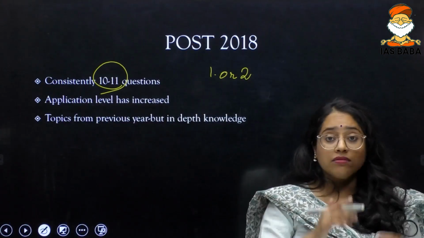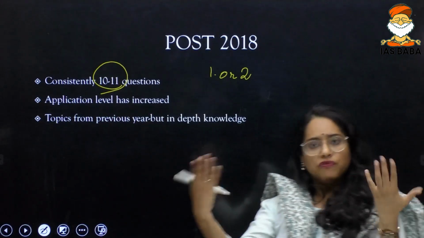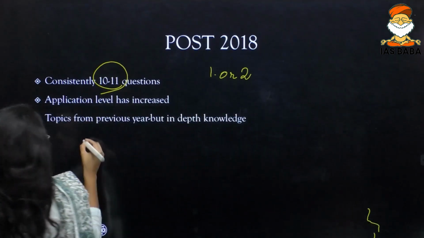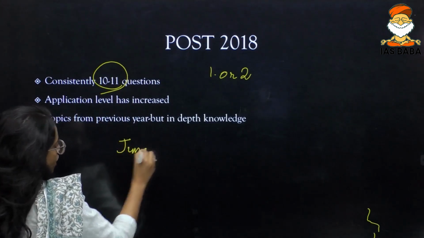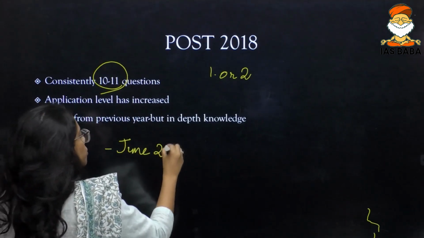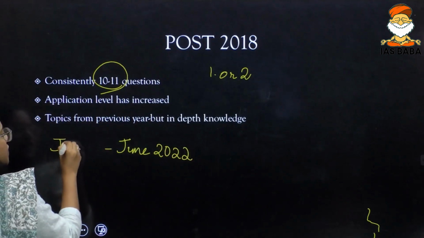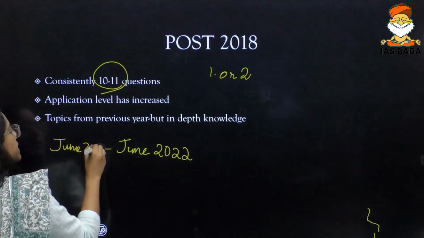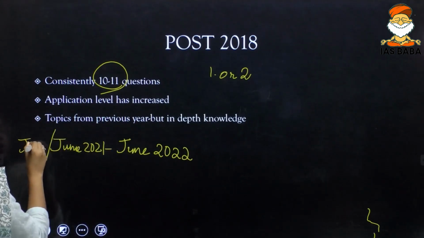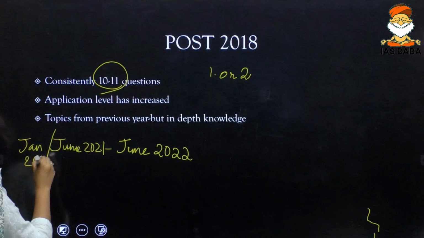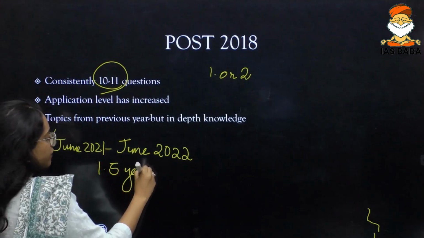Now, again, it gets a little bit more difficult, because ideally before 2018, when you had to appear, let's assume you had to appear for the exam in June, and let's say it's June 2022, students would study current affairs from maybe June 2021 or maybe even Jan 2021. That is almost 1.5 years of current affairs.